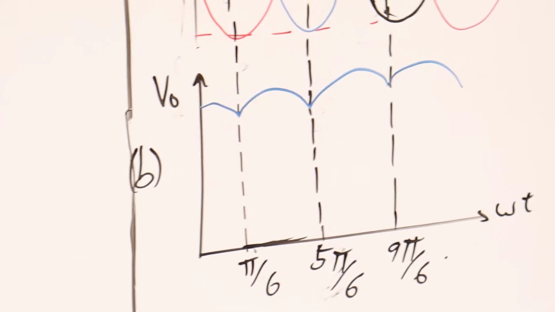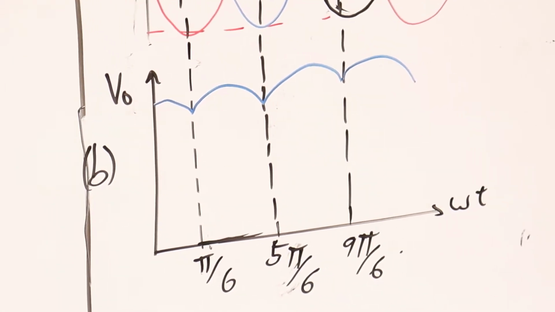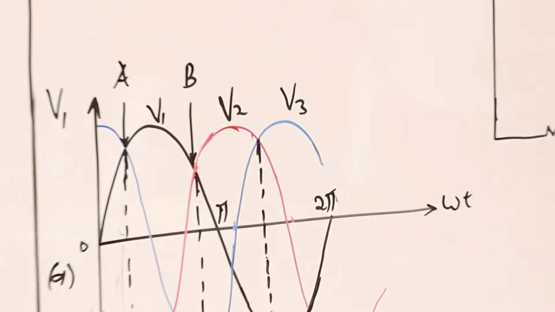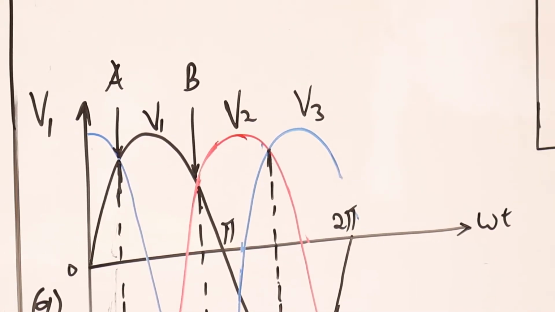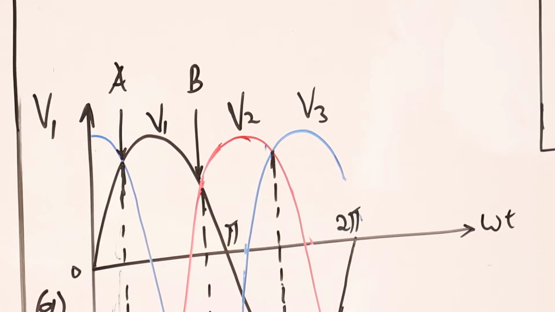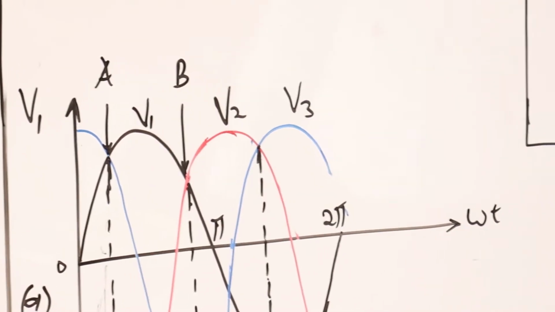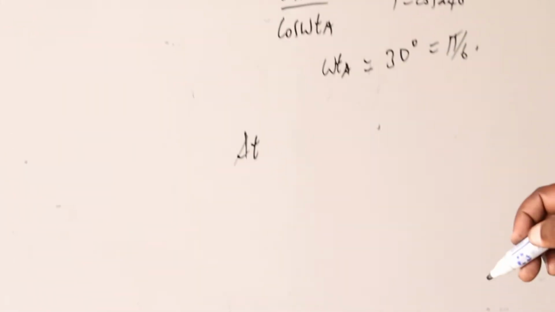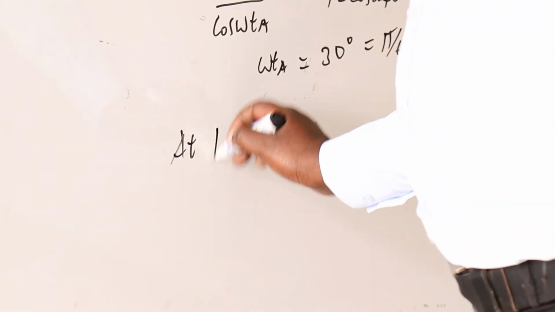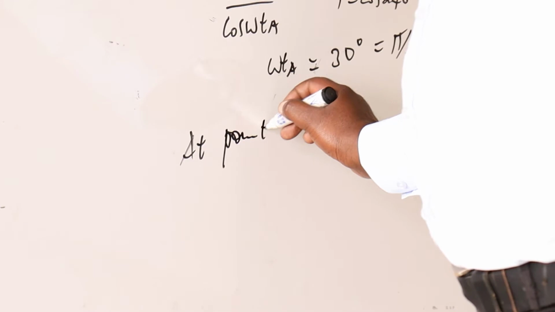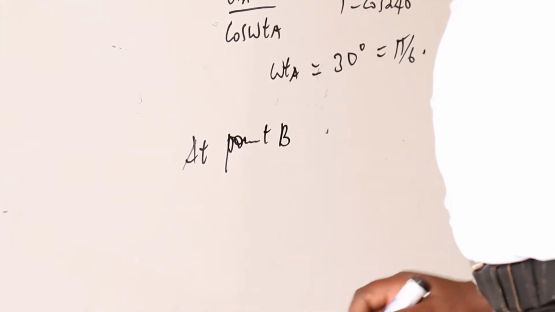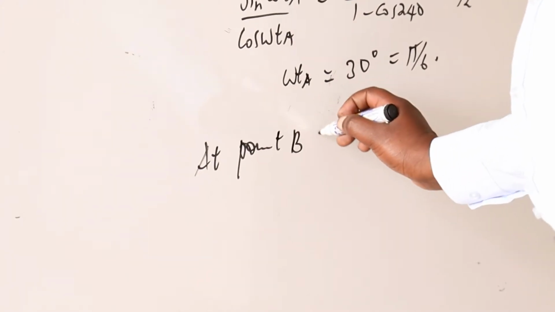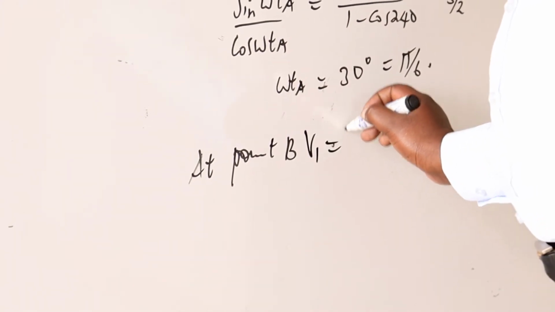Then you can also consider point B. You can see at point B now V1 equals V2. So at point B, V1 equals V2.